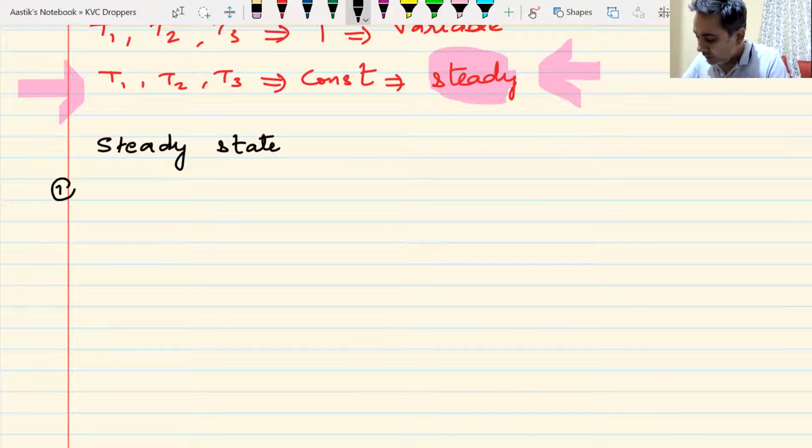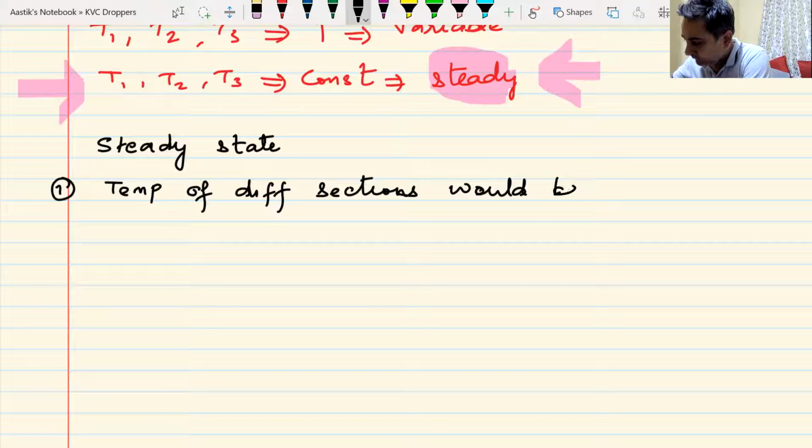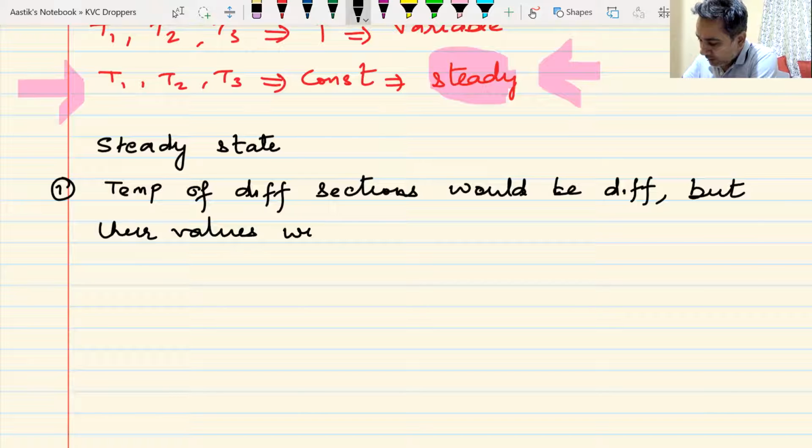Number one, in steady state, what is going to happen? Temperatures of different sections would be different, but their values will remain constant with time.